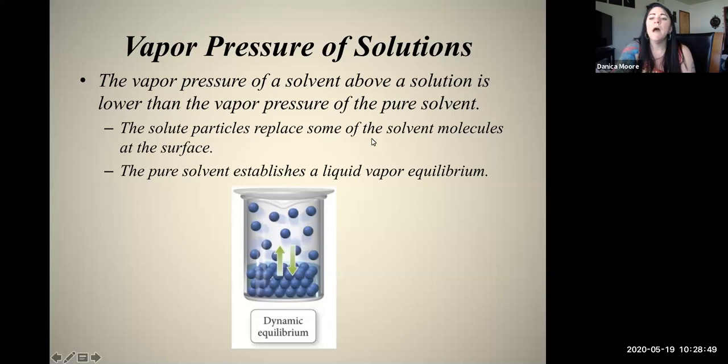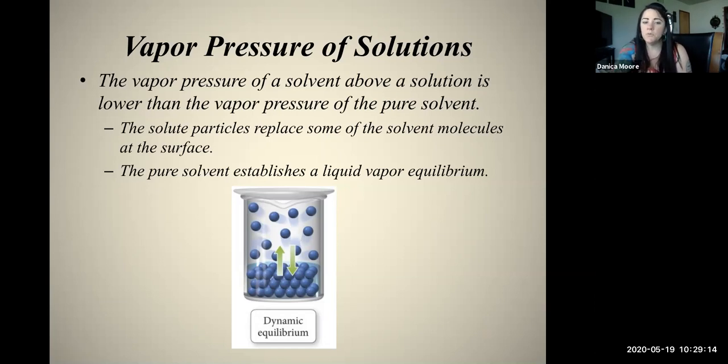How does the interplay between the solvent and the solute change the vapor pressure? When you have solute particles replacing some of the solvent molecules, that's going to change the amount of vapor that you can have above that liquid, okay?